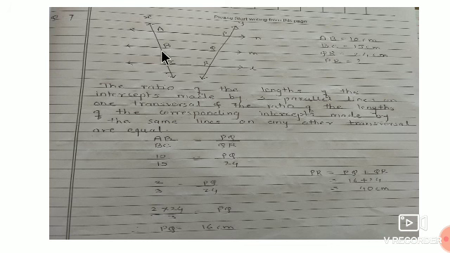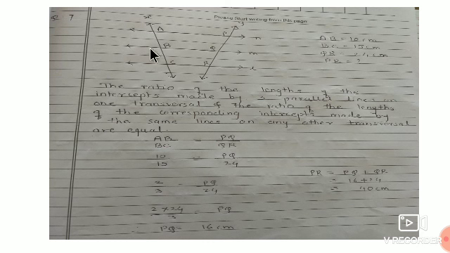So we have to use another property of intercepts: the ratio of the lengths of intercepts made by three parallel lines on one transversal, AB to BC, and the ratio of the corresponding intercepts, PQ to QR, made by the same lines on any other transversal are equal.